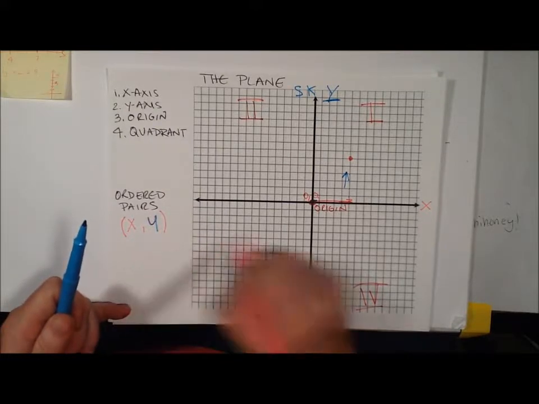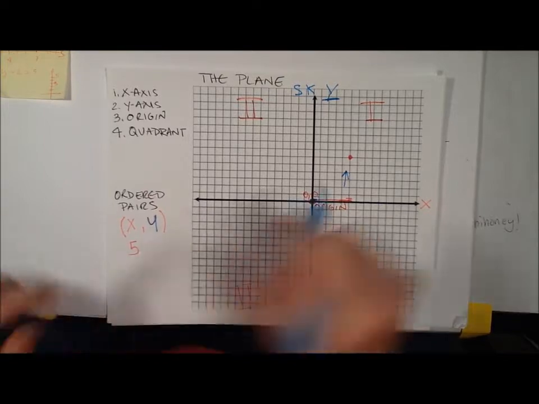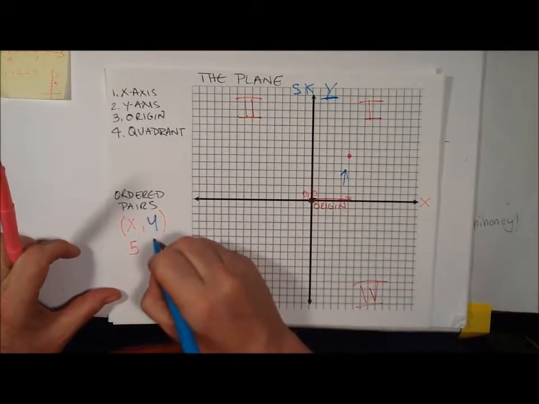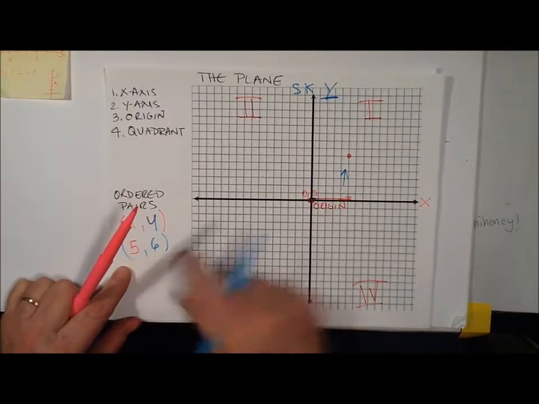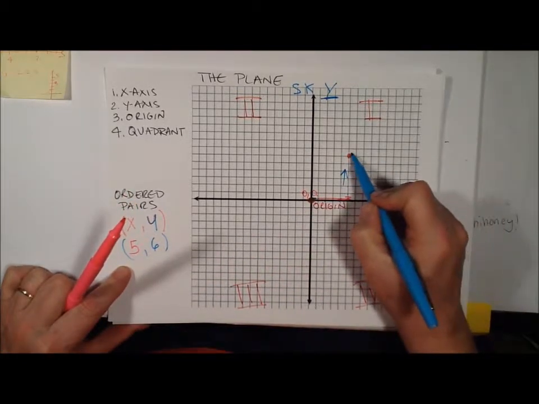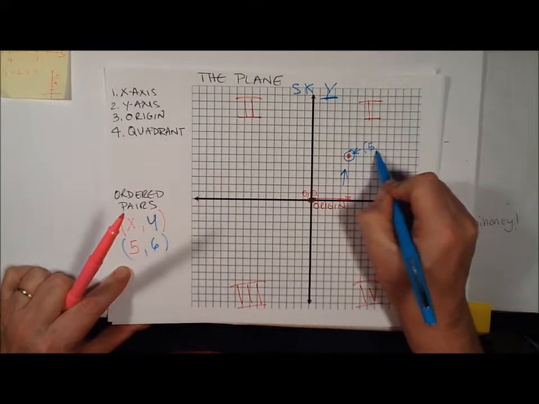So my x value was 1, 2, 3, 4, 5, and my y value was 1, 2, 3, 4, 5, 6. So 5, 6 is the address of this particular point on my graph, and that's how we say where it's located.